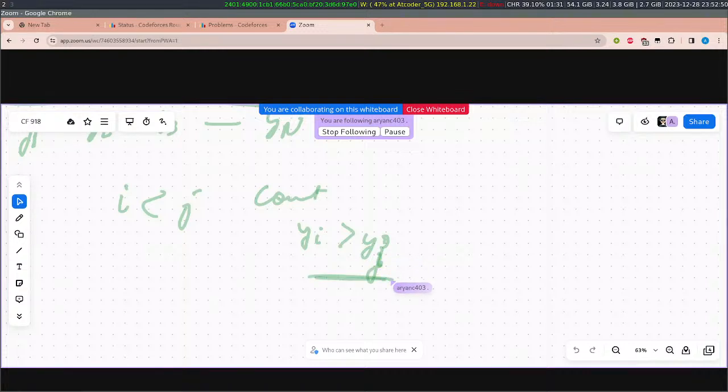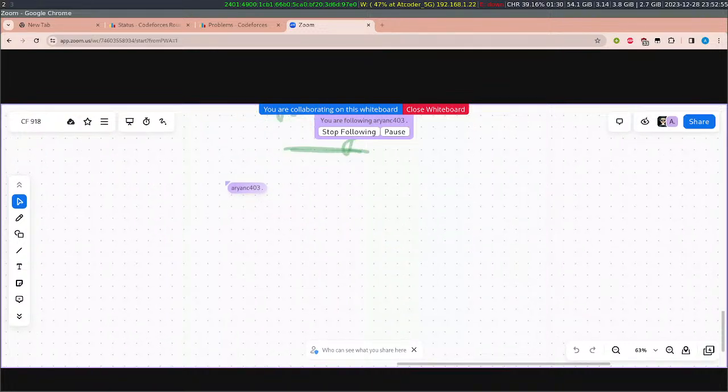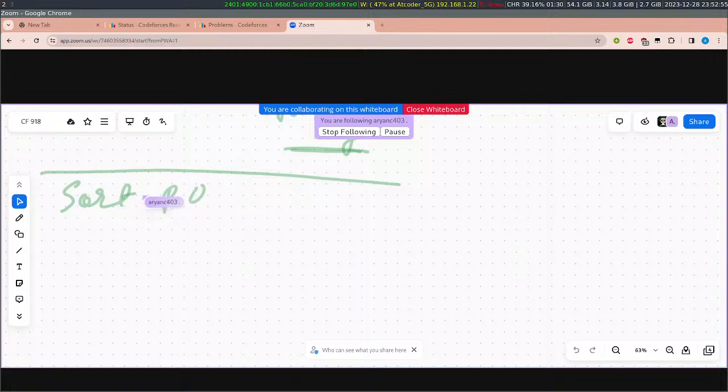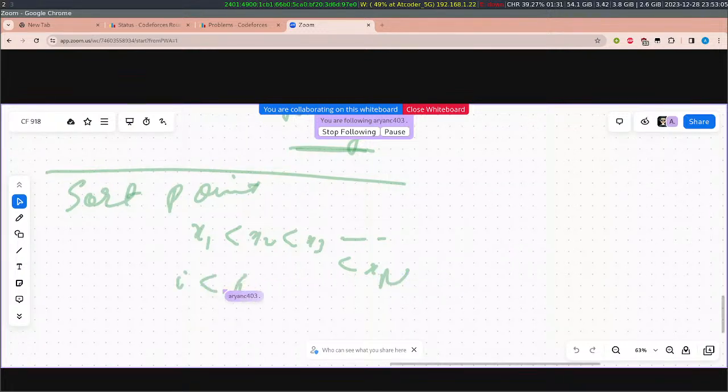Repeat the idea again. If we sort points such that x1 is less than x2 is less than x3 until xn, then for each i less than j, we should count the number of points where yi is greater than yj.